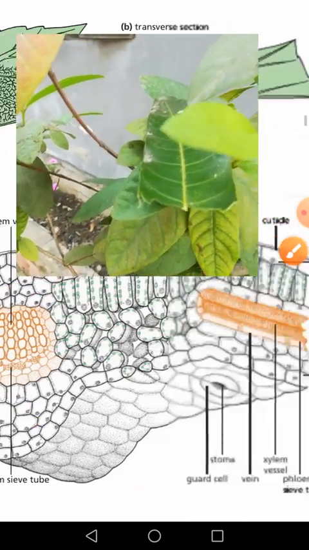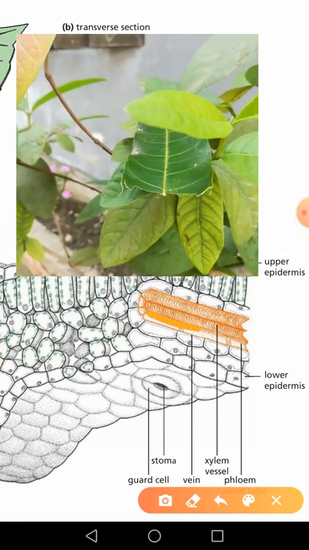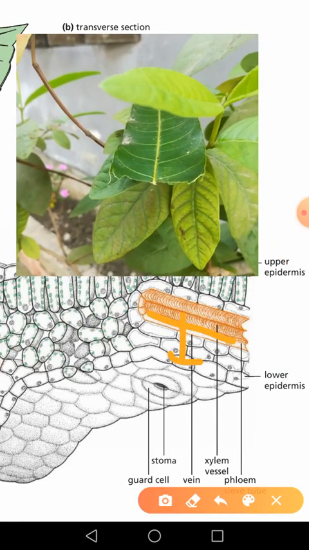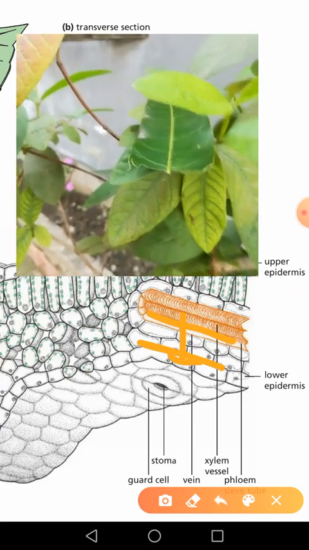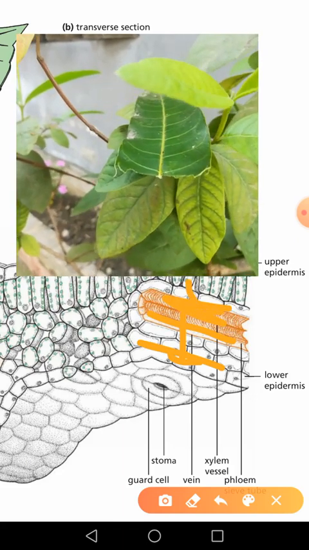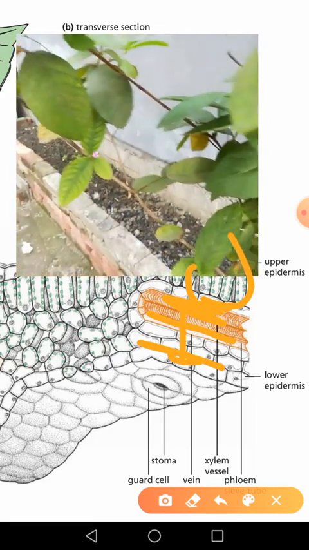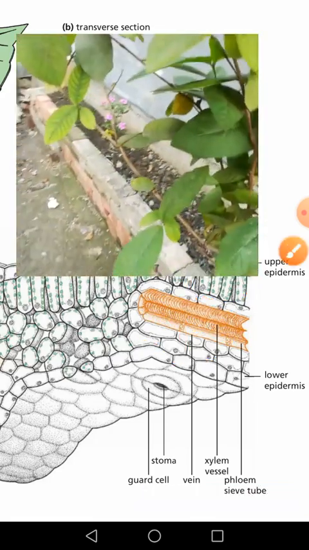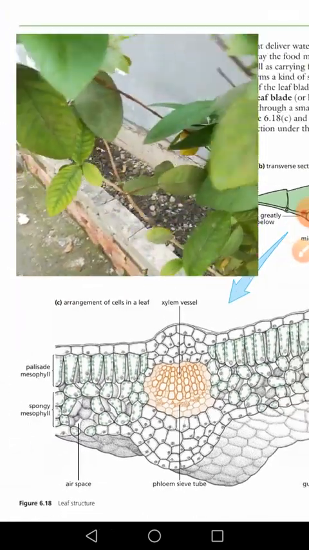Look, this is the phloem and this is close to the bottom surface, and this is the xylem and this is close to the top surface. So this is how you will identify the position of xylem and phloem.